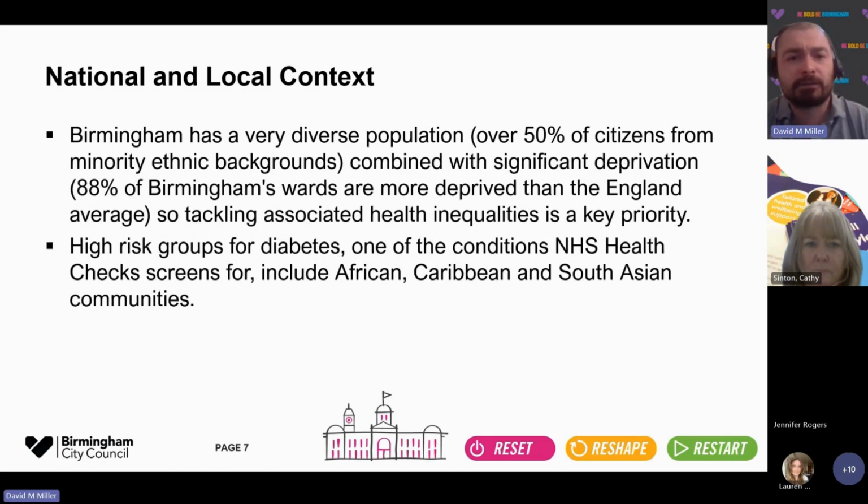So a little bit of national and local context. Birmingham has a very diverse population, much more diverse than England as a whole, with over 50% of citizens from minority ethnic backgrounds.